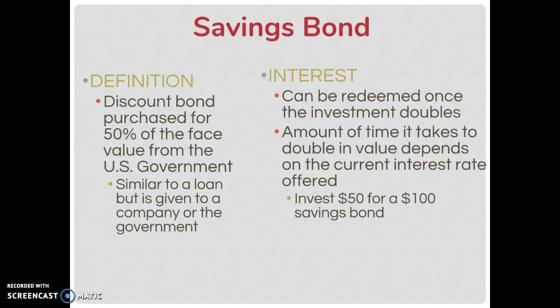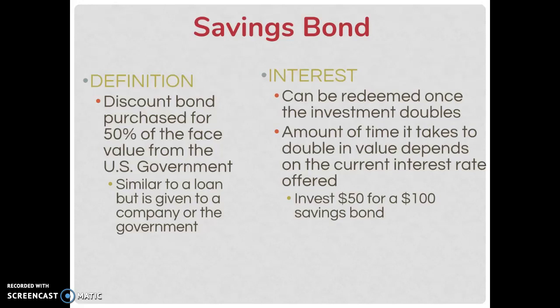And then in 10, 15, 20 years, I will get my $500 back plus the interest that I earned on top of it. So usually with the type of bonds that we'll talk about, they'll double in their investment. So for instance, if I invest $50, I'll get $100 out of this savings bond at the end.